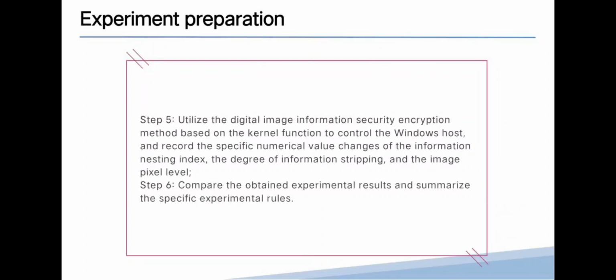So then we can use the digital information security encryption method based on the kernel function to control the Windows host and record the specific numerical value changes of the information hiding index, the degree of information stripping, and the image physics level.